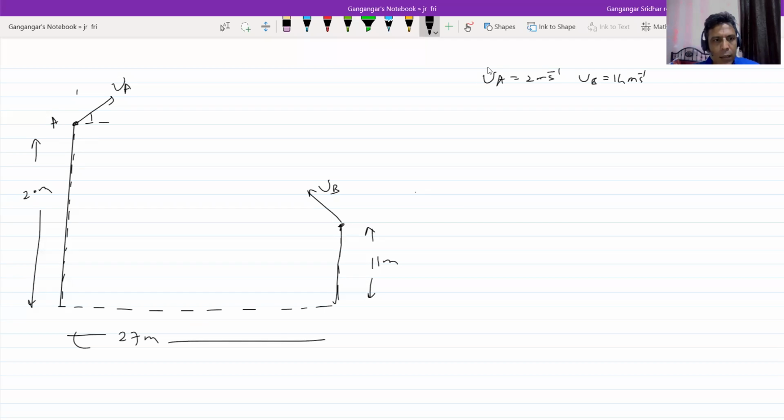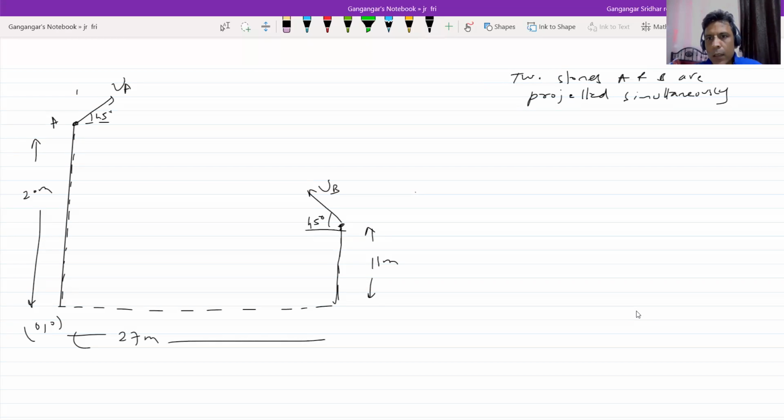Okay, these angles are 45 degrees. This is also 45 degrees. You take this as origin. Two stones A and B are projected simultaneously at t equals 0 as shown.